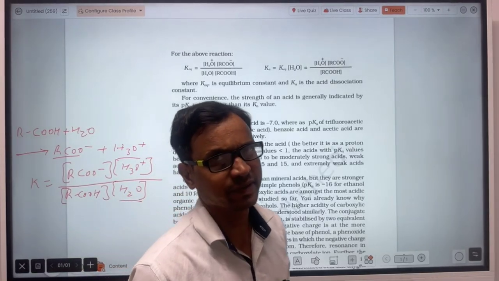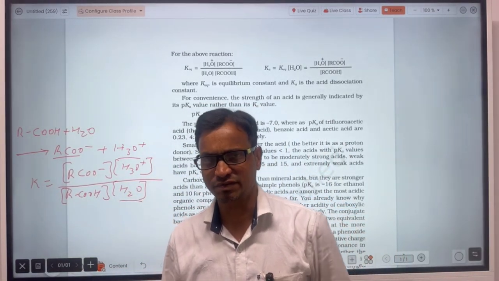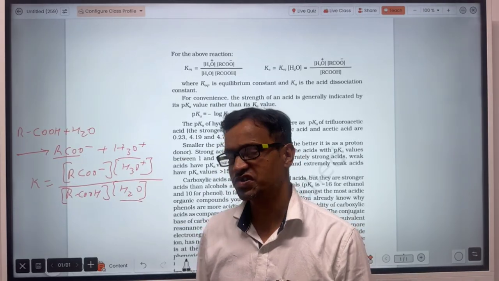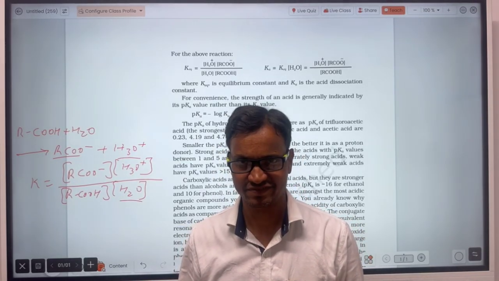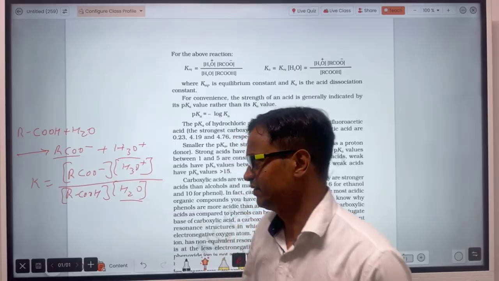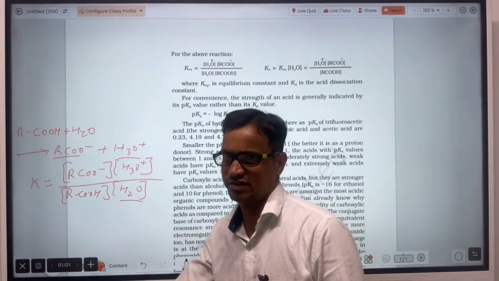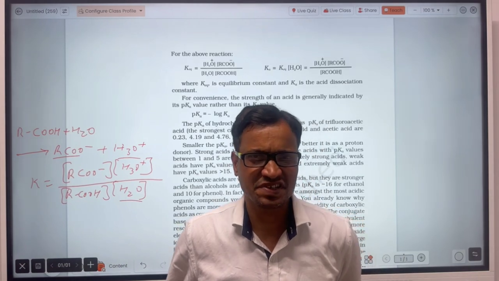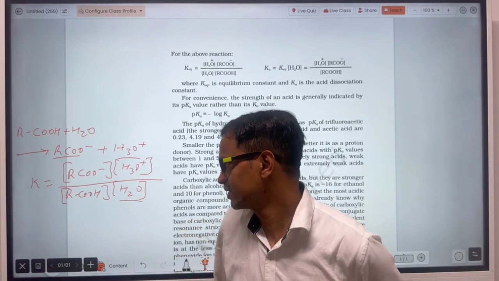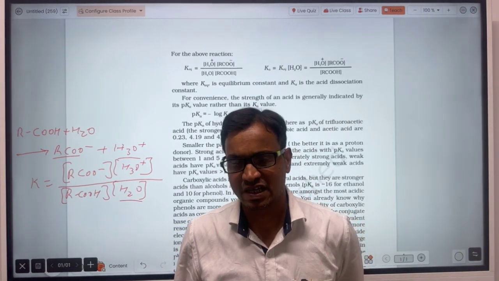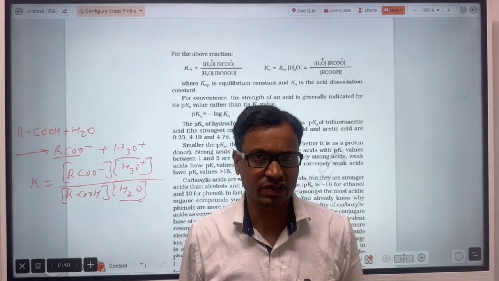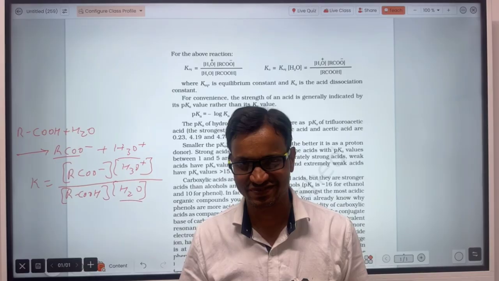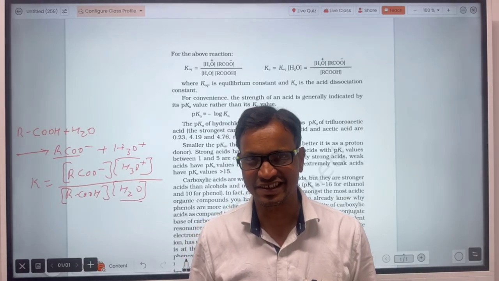The amount of water is very high compared to the amount of carboxylic acid. So if a small amount of carboxylic acid is added to water, there will be no appreciable increase in the concentration of water. As for example, in a jug of water, if you add one spoon of water, its volume will not appreciably increase.